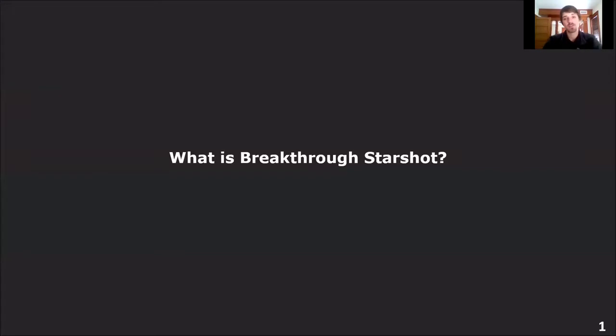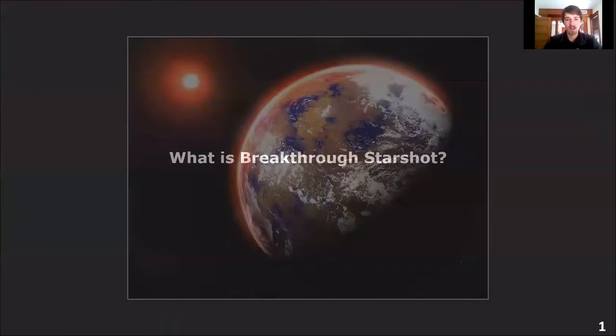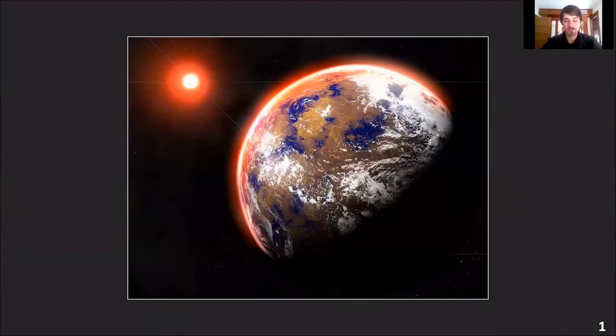So what is Breakthrough Starshot? To answer that, I want to show you this image. What you're seeing here is an artistic rendering of an Earth-sized habitable exoplanet. Although this image is not real, the planet and star that it depicts very much are. This planet is called Proxima Centauri b, and it was discovered about 4 years ago orbiting a star called Proxima Centauri.